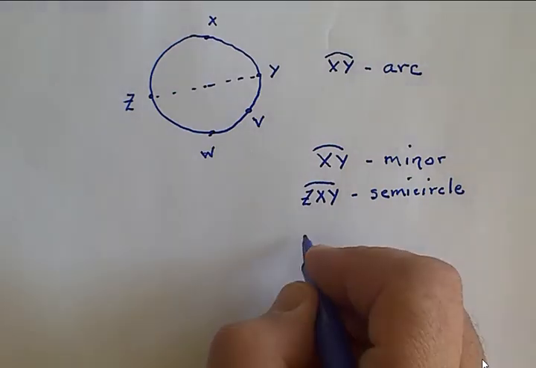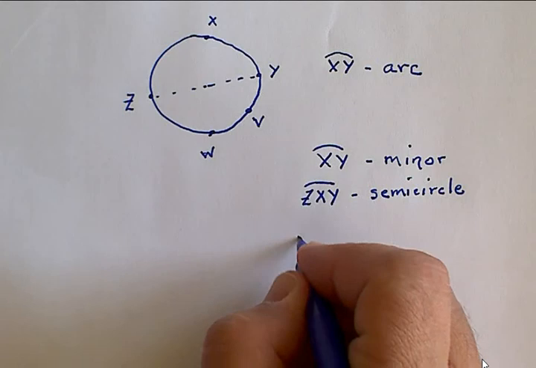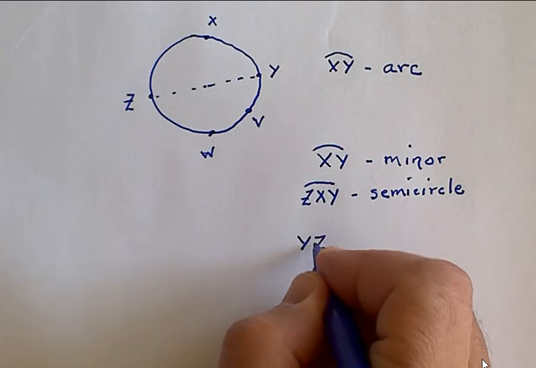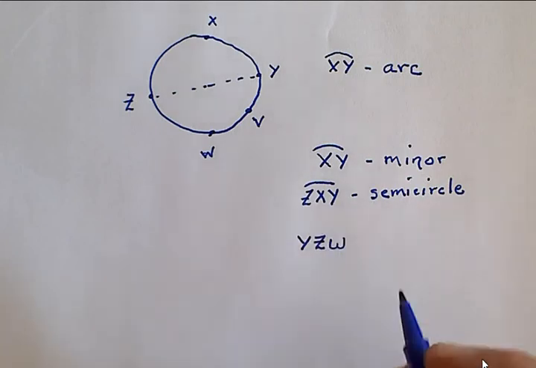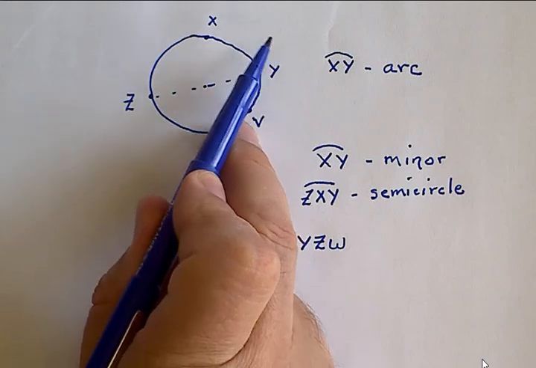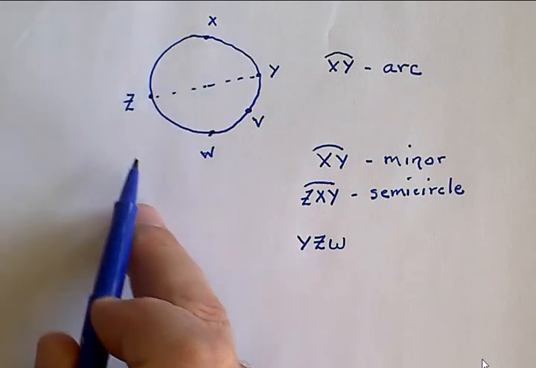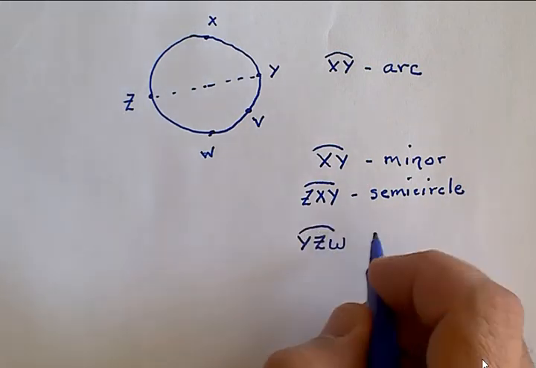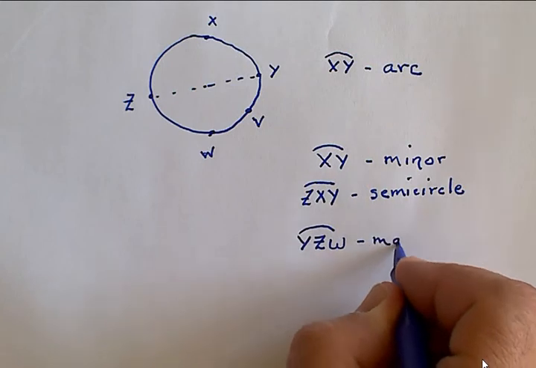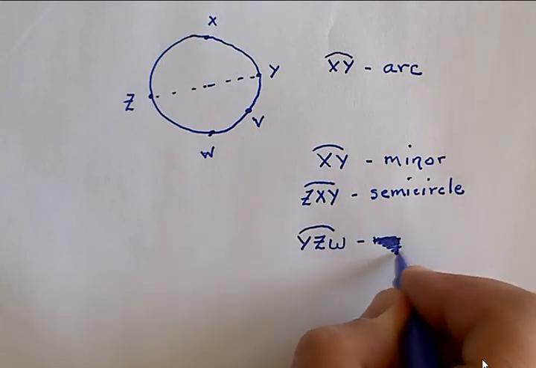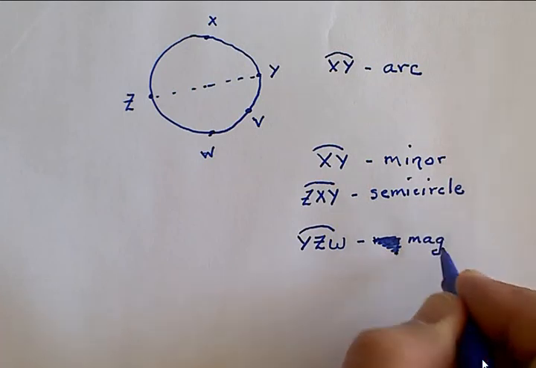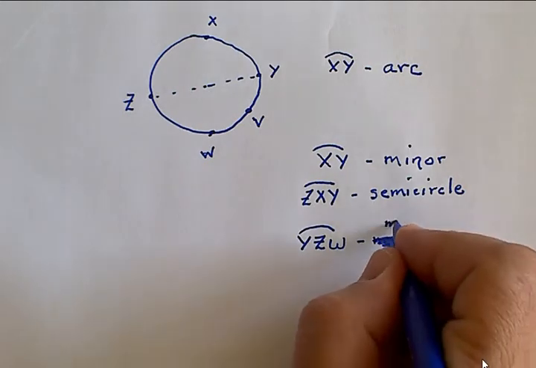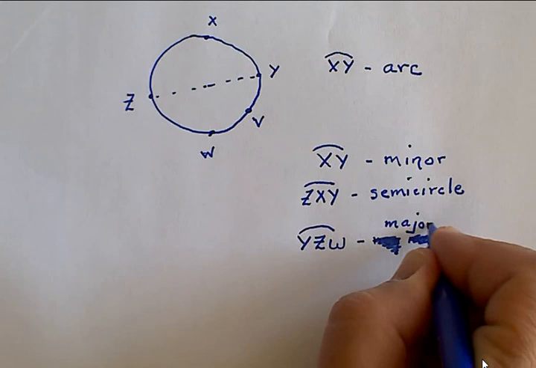So if I go from Y to Z to W, starting up here at Y, going around to Z, and then stopping at W, that would be another arc called a major arc, M-A-J-O-R.